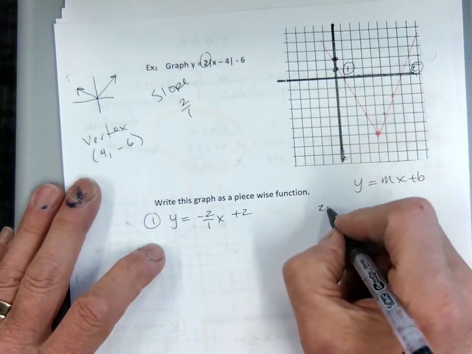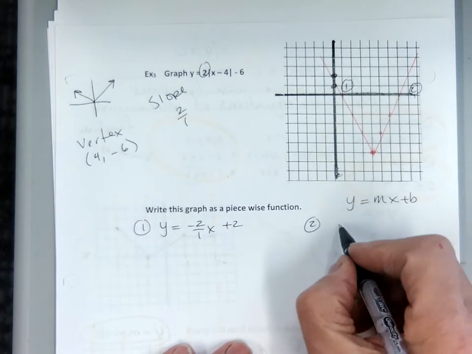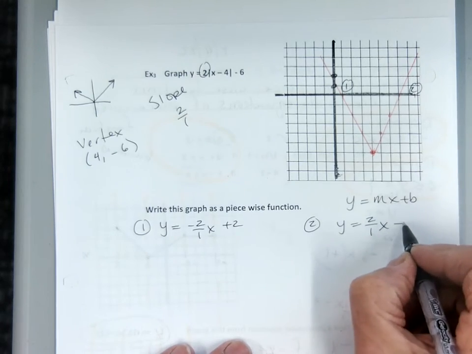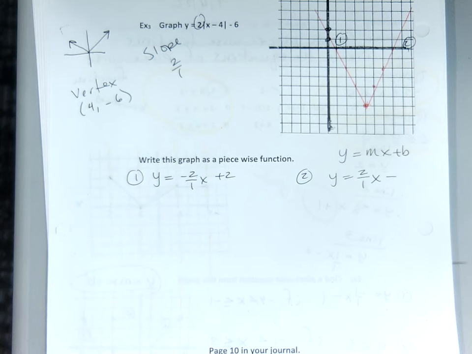So, equation 2 is going to be y equals positive 2 over 1x plus or minus what? All right. Let's see if we can get this y value. Let's walk it down.